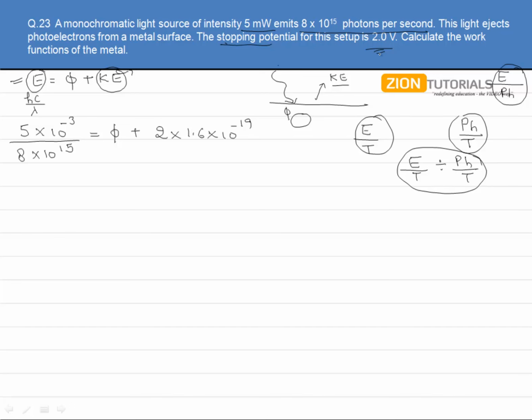Because the corresponding energy will be 2 electron volts, and we need to convert that into joules, which gives us the work function phi to be 3.05 into 10 to the power minus 19, or 1.906 electron volts. All I would like to mention is that this was in joules. I converted it into electron volts to get this value. And this is actually the required value, which is the work function of the metal.